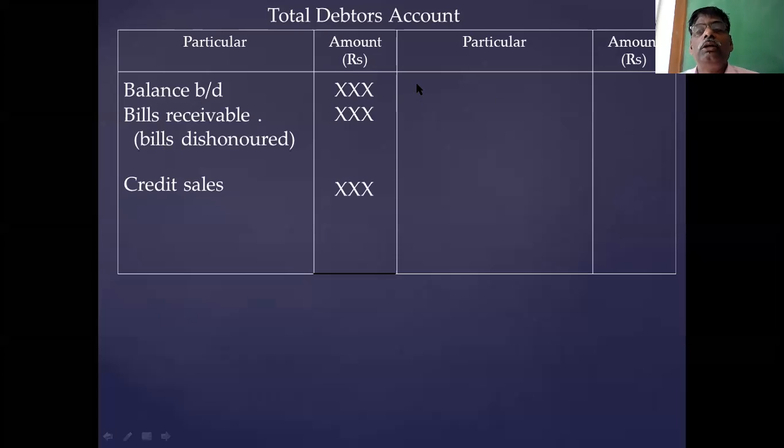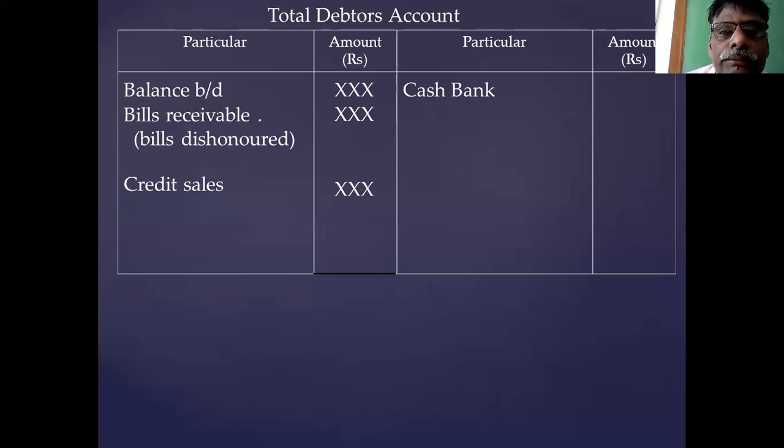And on the credit side, you have to write the items or transactions which decrease the debtors balance, means asset balance decreases. If the debtors balance decreases, that is to be credited. Debtors account is credited by the concerned account. Okay. So cash and bank. I have taken the two points in the single line.